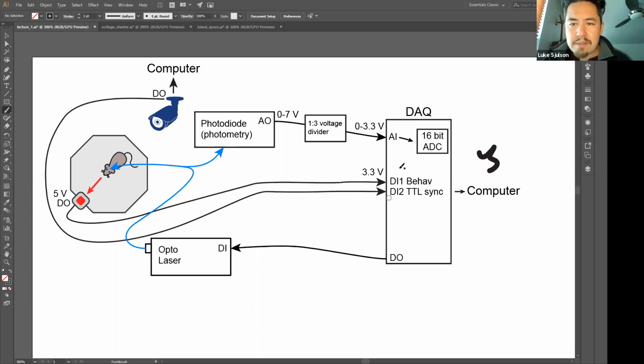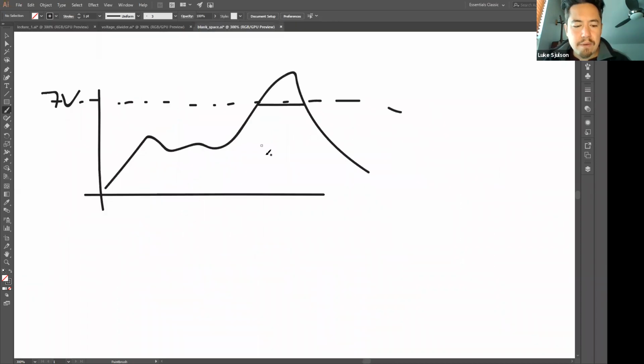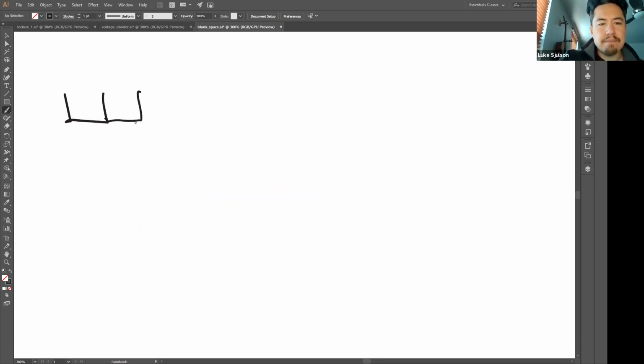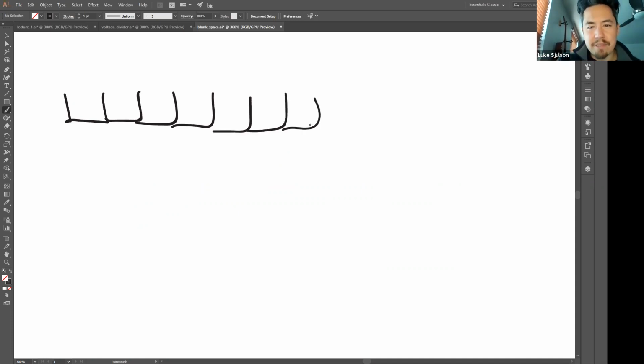So if you have a 16-bit A to D converter, then, whatever, let's do 8-bit. You have a voltage that goes in there, and the A to D converter has its range, which in this case goes from 0 to 3.3.